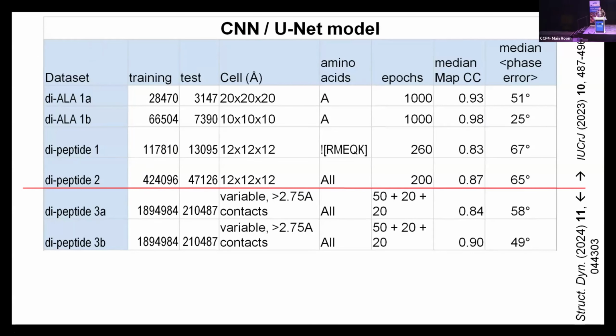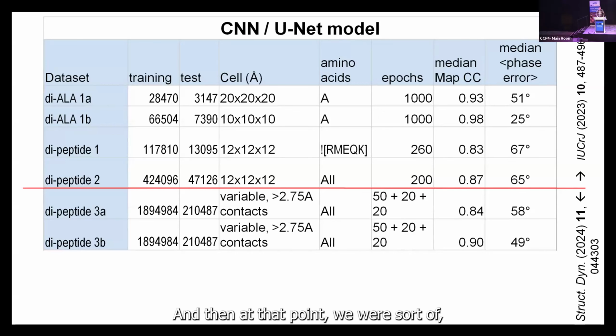Initially they were all fixed unit cells, and we knew that to get to real structures, eventually we'll have to tackle more variable cells. So then we redid the dipeptide structures, putting them in variable size cells, and then explored different ways of training and retraining in order to improve.